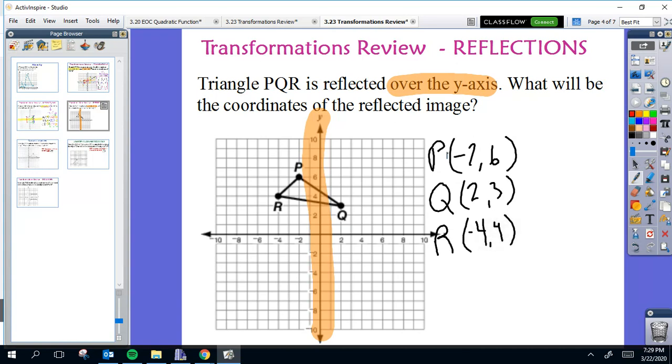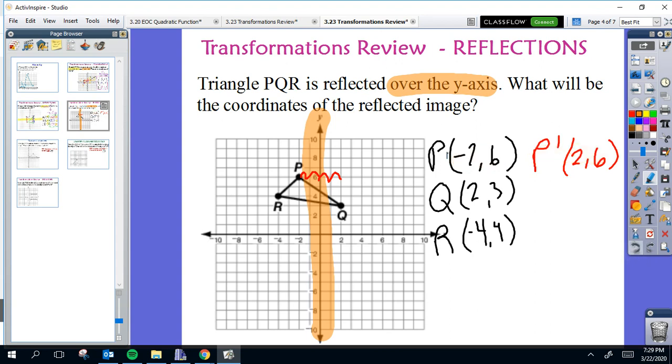So beginning with P. P is 1, 2 from the y-axis. So I need to go an additional 1, 2. My new P prime value is going to be 2, comma 6. If you guys begin to notice a number between these values, the original values, and the new values, you might see something.